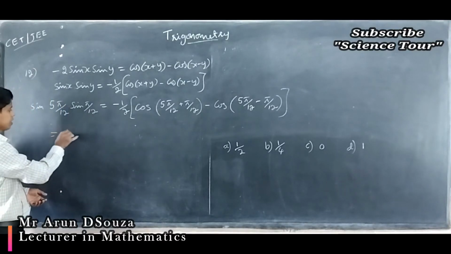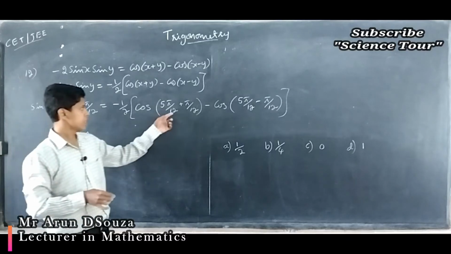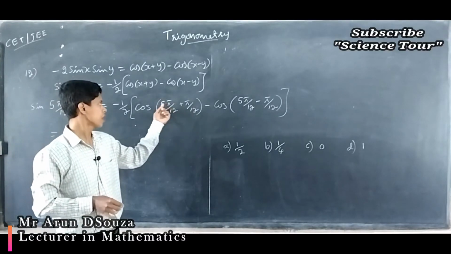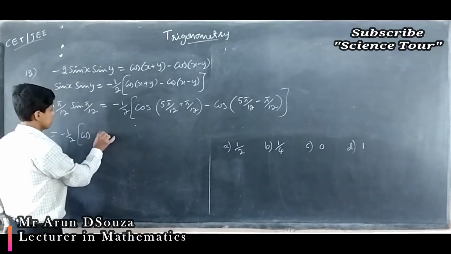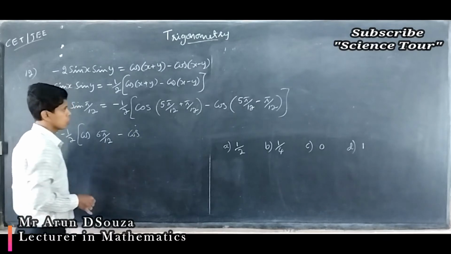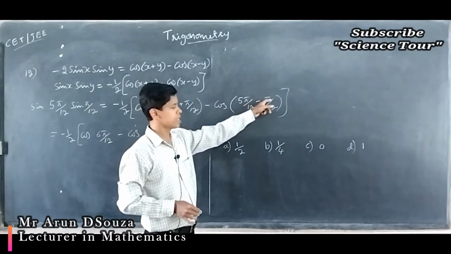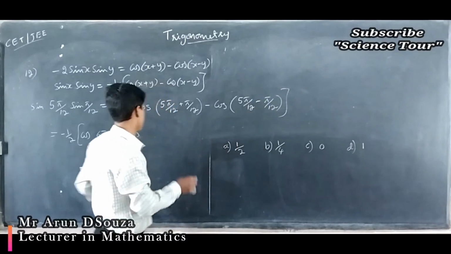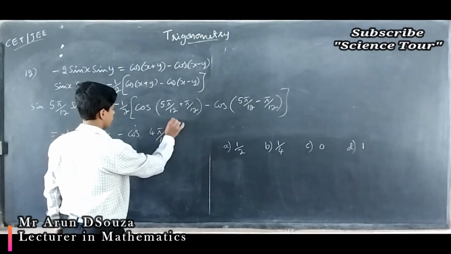Now let us simplify it. So minus half cos, you take 12 common, 5 pi plus pi, 6 pi by 12, is it not? So this is 6 pi by 12 and minus cos, 5 pi minus pi is 4 pi by 12. So that is 4 pi by 12.